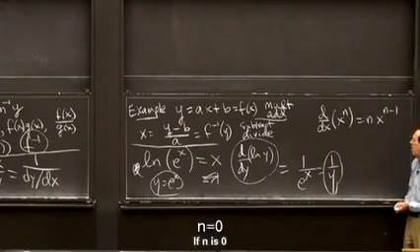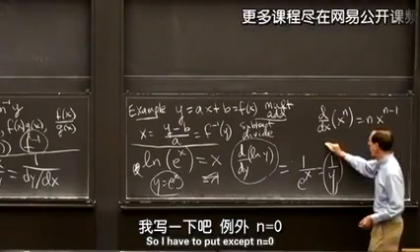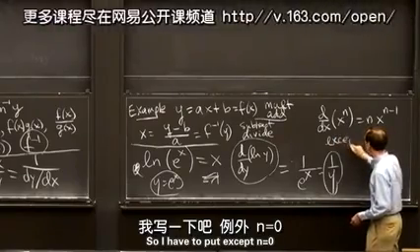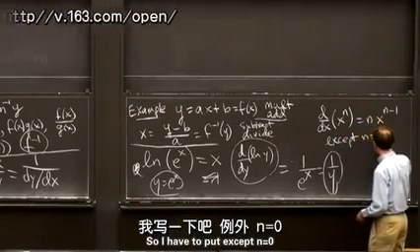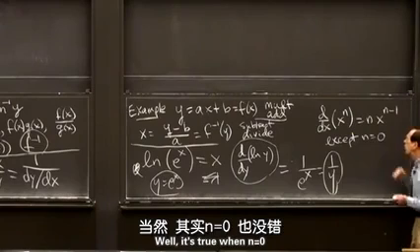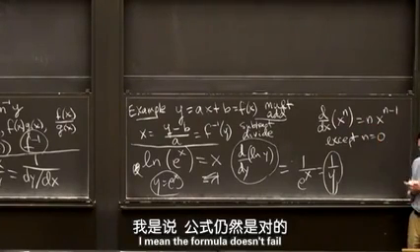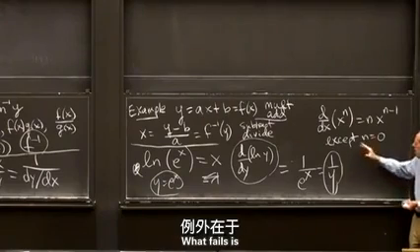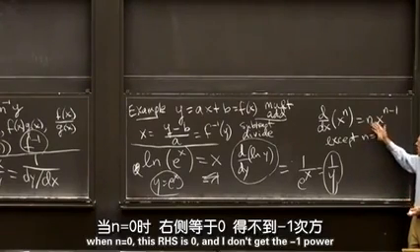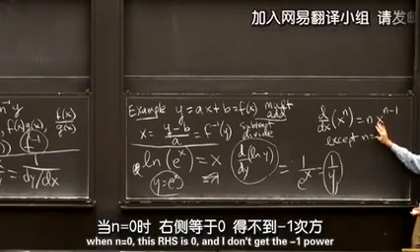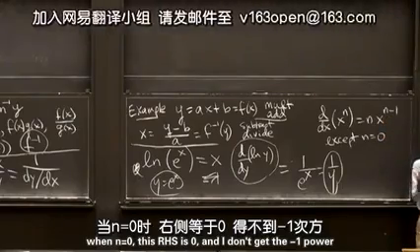If n is 0, so I have to put except n equals 0. Well, it's true when n is 0, so I don't mean the formula fails. What fails is when n is 0, this right-hand side is 0, and I don't get the -1 power.